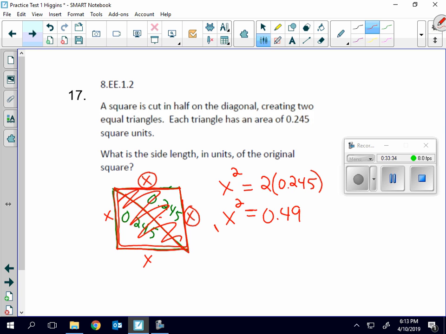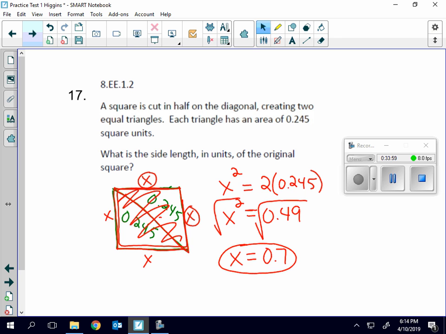I need to take the square root. Yes, when I take the square root, I will get a negative number. Do I need the negative in this case? No, I do not. So the square root of 0.49 is 0.7. And this one doesn't give us any units. It just says square units. So there you go. That is the side length of the square.